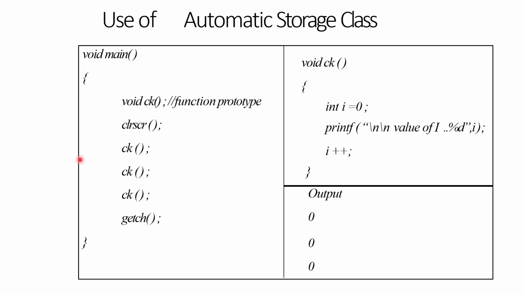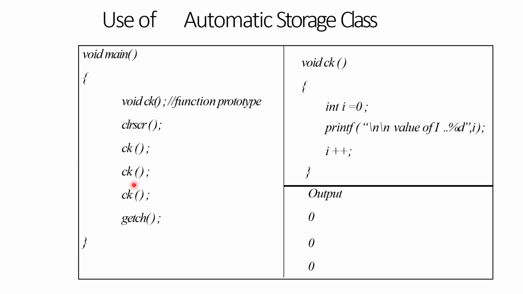a normal example. For example, we have a main function, and this particular function is defined over here. And what does the function do? The function declares an integer variable i equal to 0, then prints its value, then i is incremented by 1, right? Then the function is called 3 times.